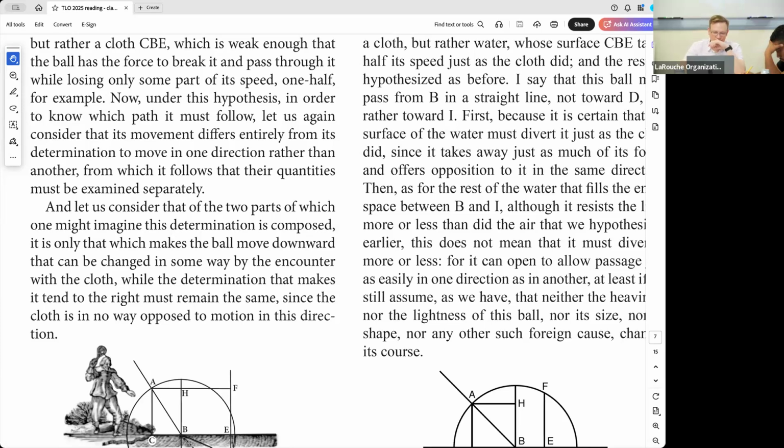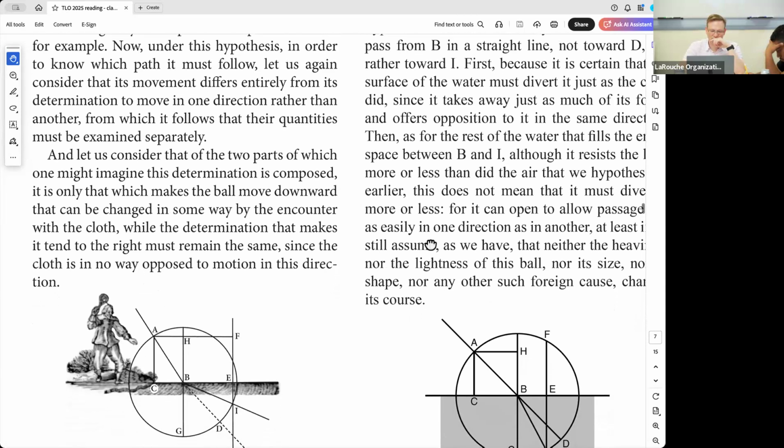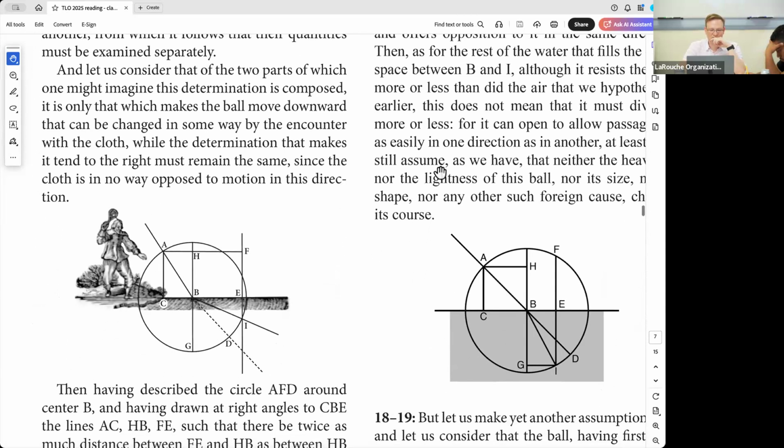And let us consider that of the two parts of which one might imagine this determination is composed, it is only that which makes the ball move downward that can be changed in some way by the encounter with the cloth, while the determination that makes it tend to the right must remain the same, since the cloth is in no way opposed to motion in this direction.